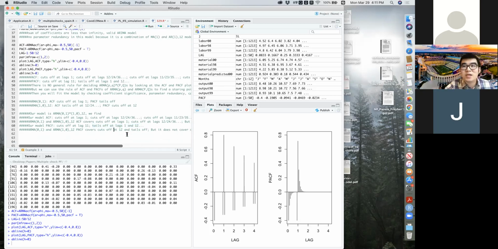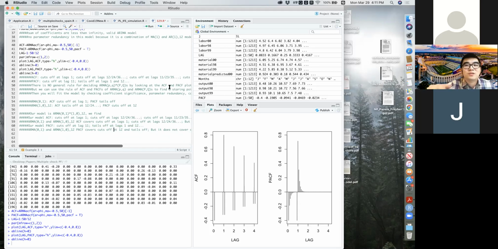So again, the general result is that you use the ACF and PACF rules of the pure ARMA and the pure seasonal ARMA model to find a starting point of your model. But that's not very reliable.